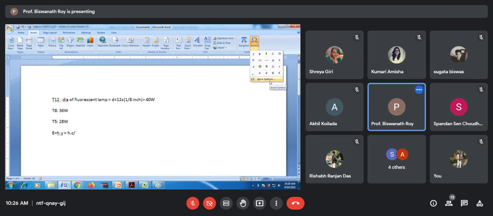Okay, E equals h nu, and equals h into c by lambda. So from the LED we are getting blue.